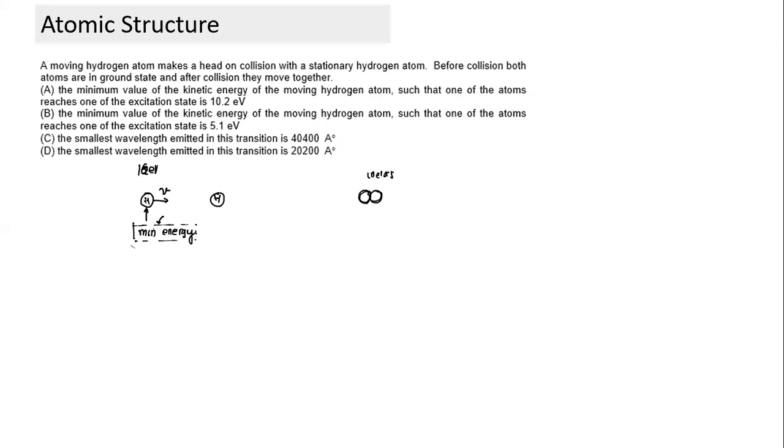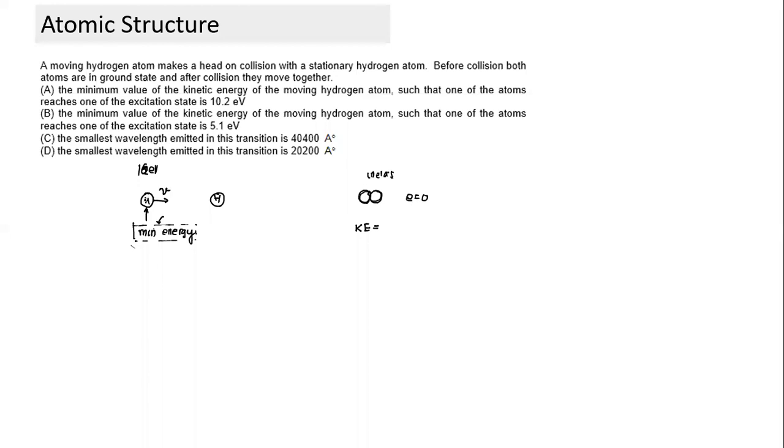So if this atom had a kinetic energy of 16 electron volts and both stick together, what will be the kinetic energy of the combined mass? Are this energy and this energy related here? Shreya, I don't recall. Should be 10.2 electron volts. No, that's not correct. If this has energy 16 electron volts, what will be the energy?